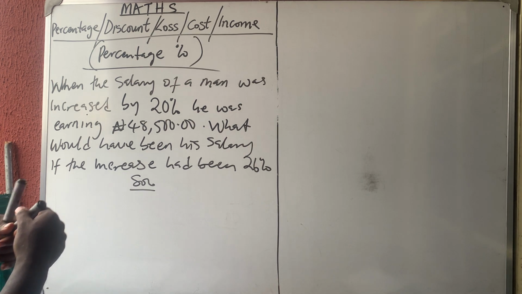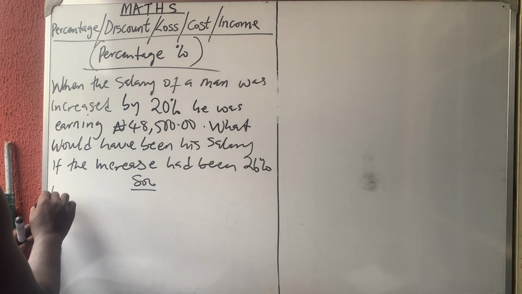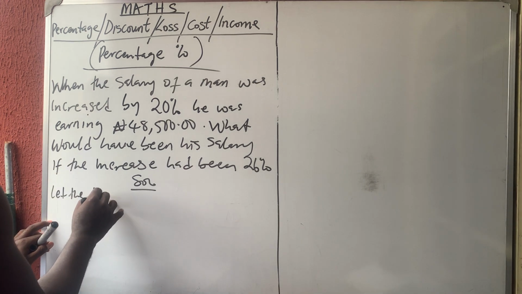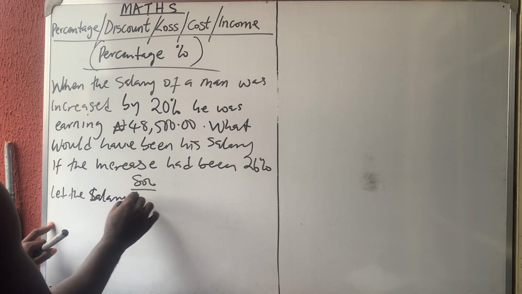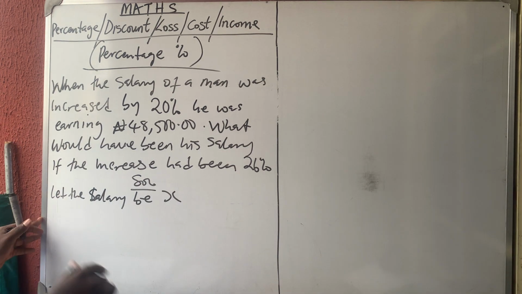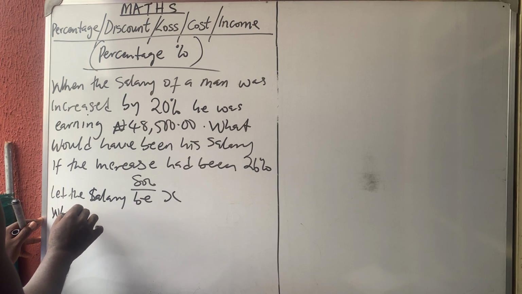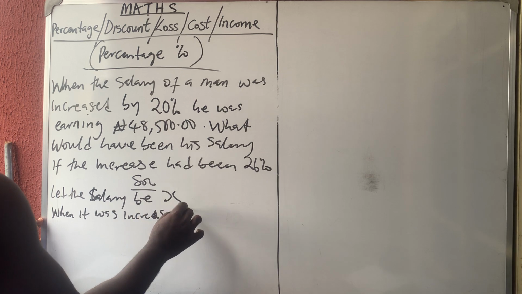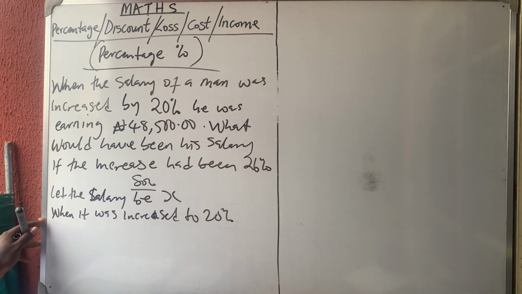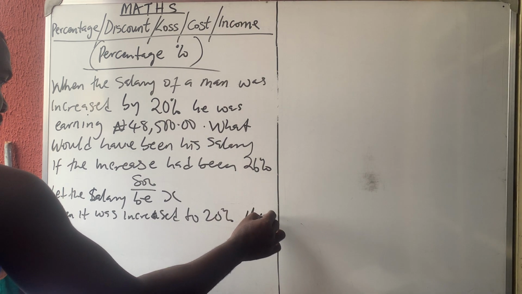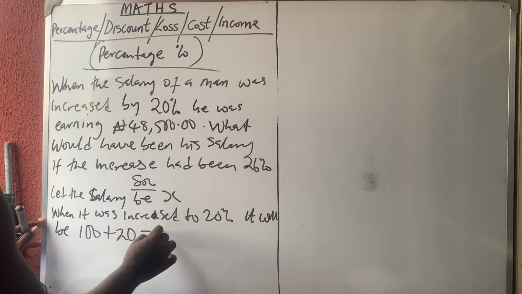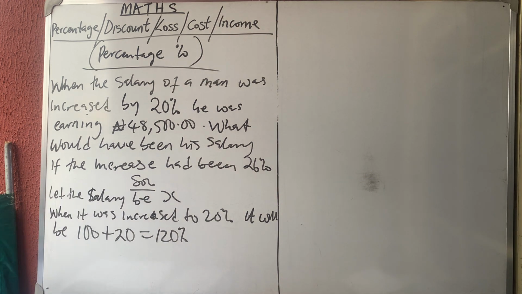So now let the normal salary be x. When it was increased by 20%, it will be 100% plus that 20 that was added, which is 120% of that initial amount.